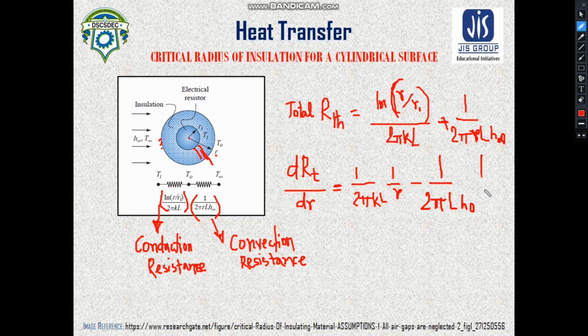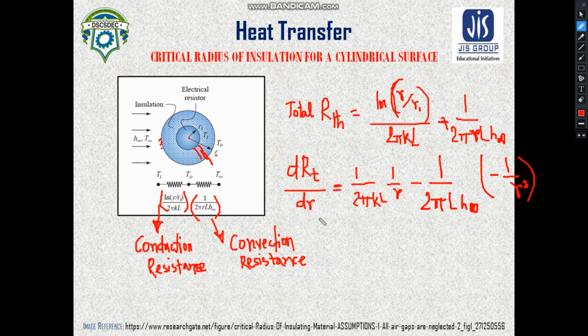I'm sorry, all these terms are constant, so they are not going to change with respect to r. It is 1 by r which would change only, so it becomes minus 1 by r square. Now what was our question here?